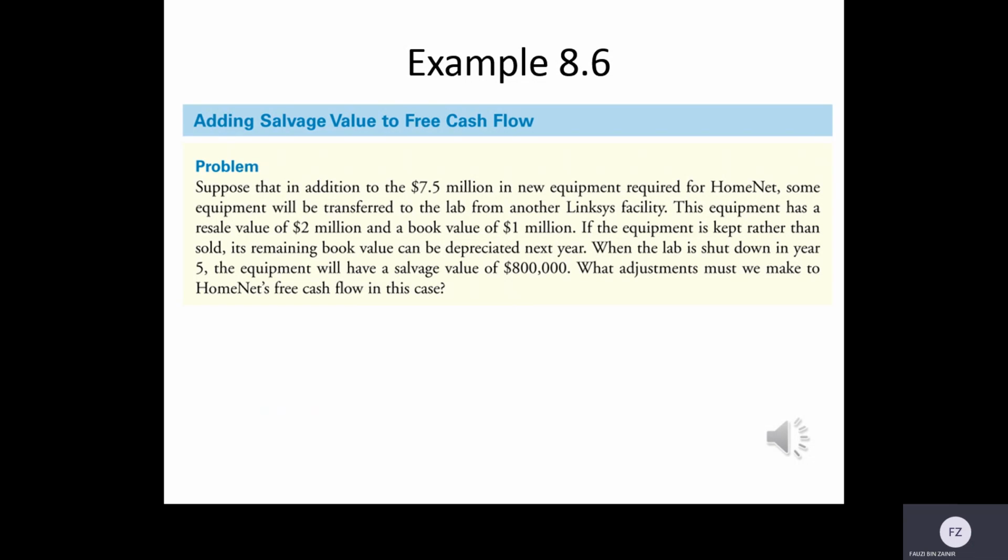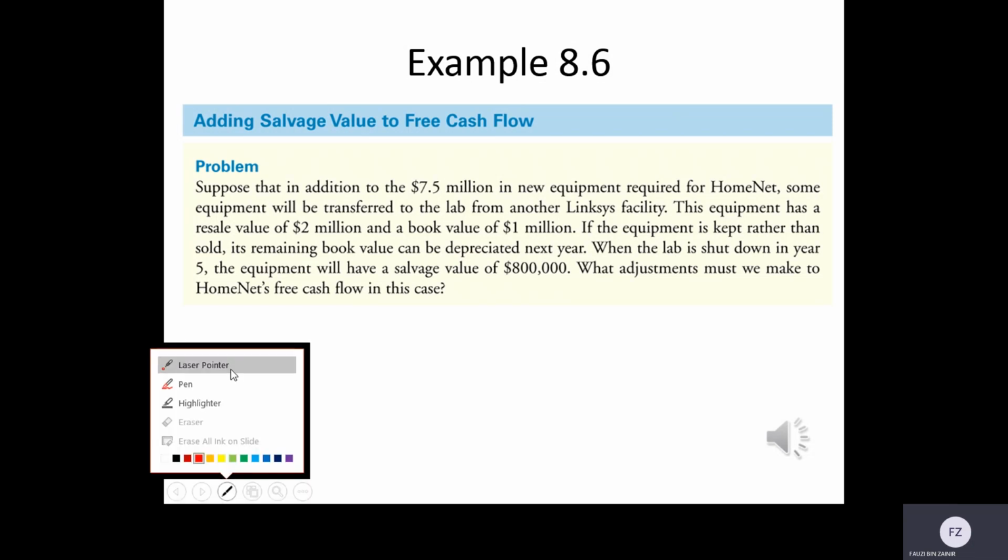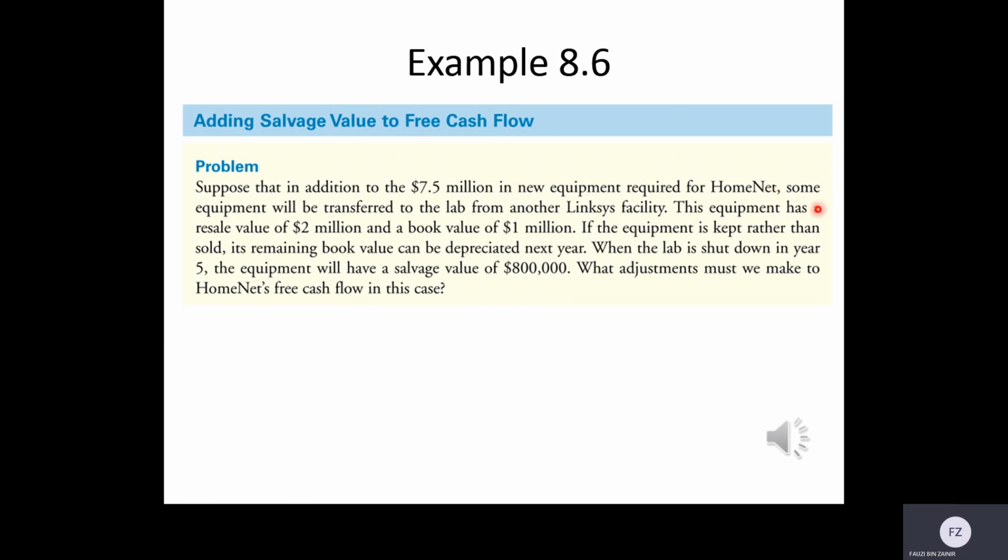Example 8.6. Suppose that in addition to the $7.5 million in new equipment required for HomeNet, which is basically the server, some equipment will be transferred to the lab from another Link6 facility. This equipment has a resale value of 2.2 million and a book value of 1 million.